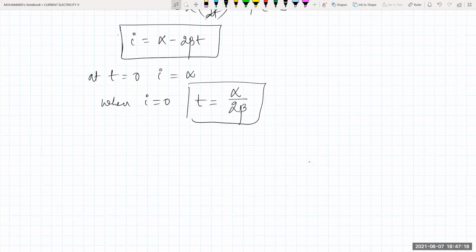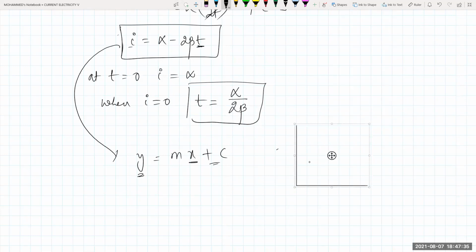Alpha by 2 beta. So if I'm drawing the graph for this one, comparing it with y equals m x plus c, on the x-axis we'll take time and on the y-axis we'll take the current. Here I'll take current I and here the time t.